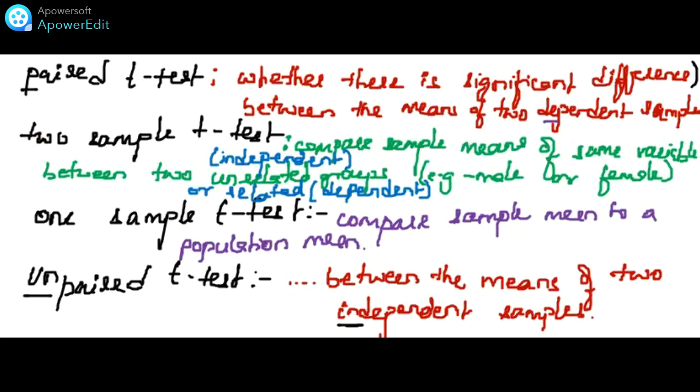Next, coming to two sample t-test and one sample t-test. So two sample t-test is what? It compares the sample means of the same variable between two groups. Either the groups can be related or unrelated, so two types of two sample t-test are there.